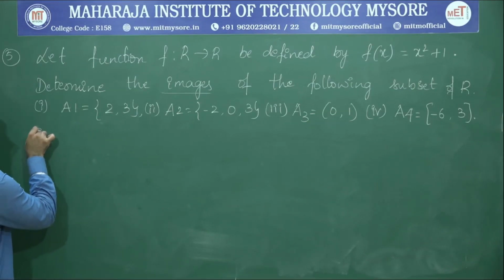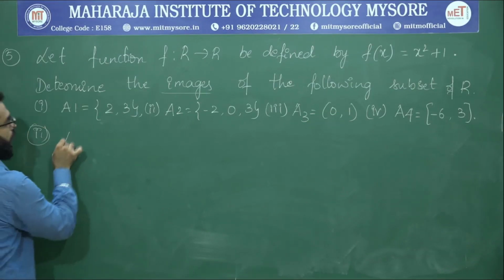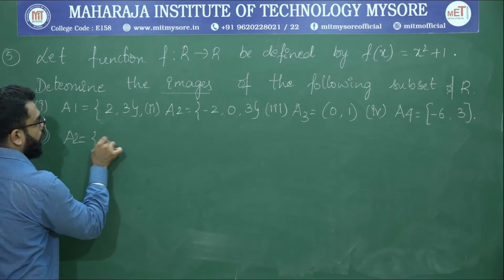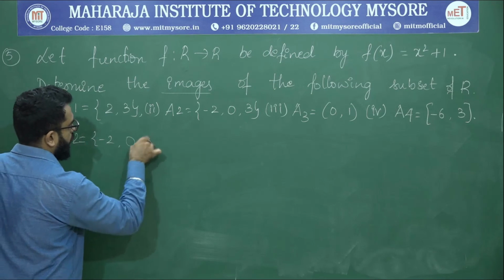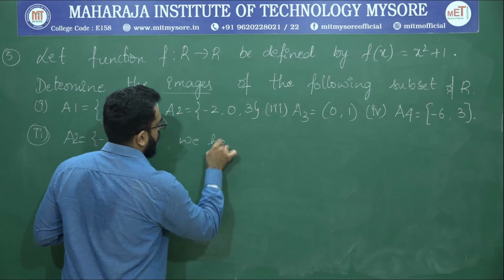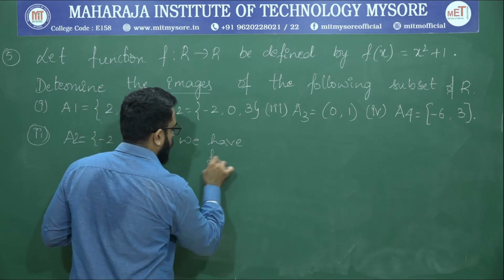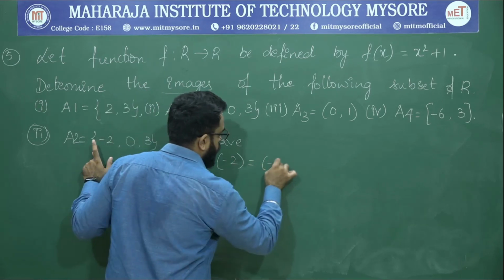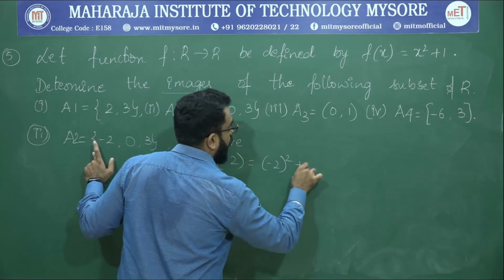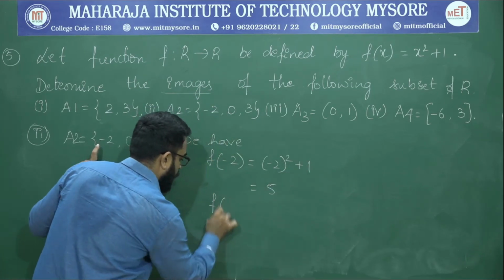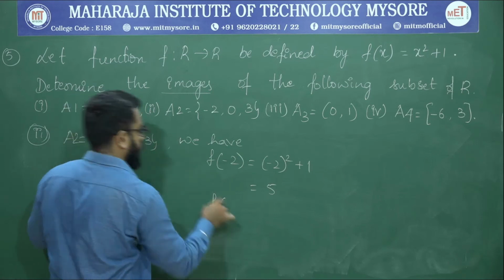For the second sub-question, that is the second subset A2, which has the elements -2, 0 and 3, how do we identify the images? We have f of -2. What is f of -2? (-2) to the power of 2 plus 1, this is again 5. Then f of the next element, 0.